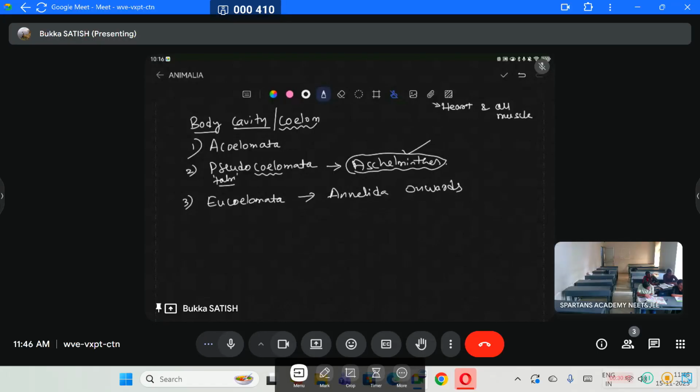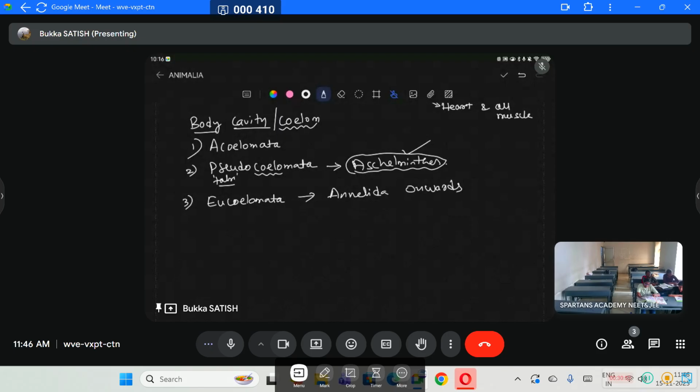Right. And again, the figures, you'll be asked to identify this. See the figures here. The first one is acoelomate. The third one in this is acoelomate. There is no coelom. Now, what is shown is a triploblastic animal. So, understood this figure and this figure.